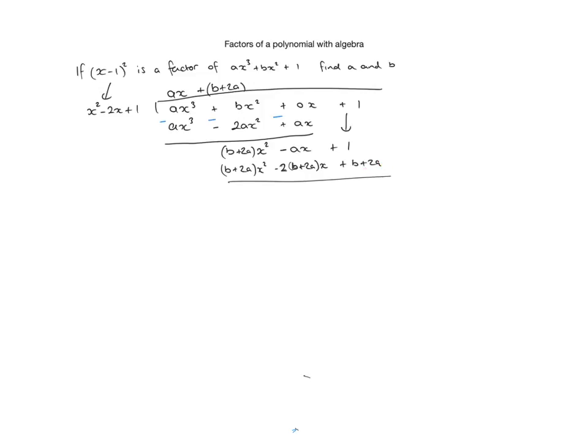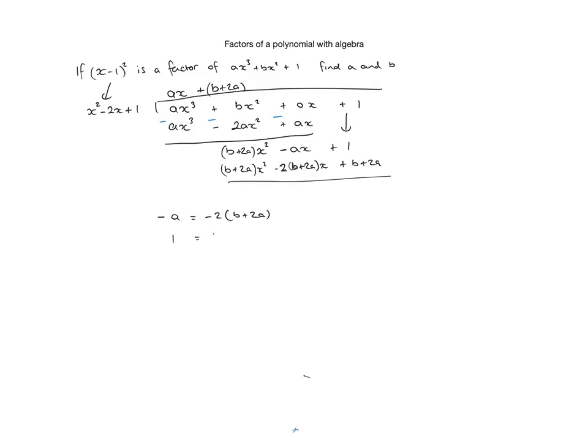So we can write a couple of equations now. Minus a must be equal to minus 2 times b plus 2a. And likewise, 1 must be equal to b plus 2a.